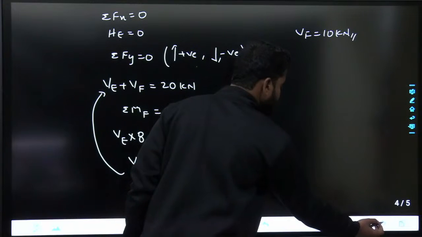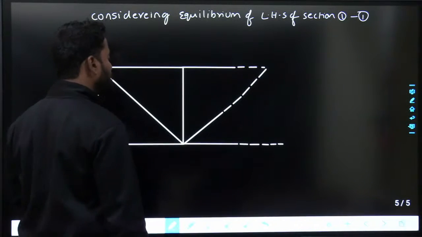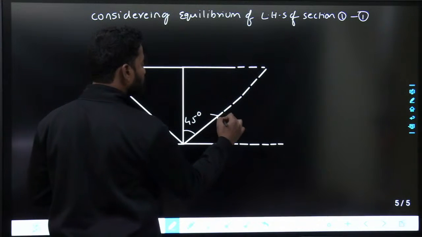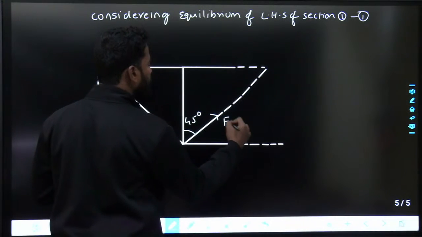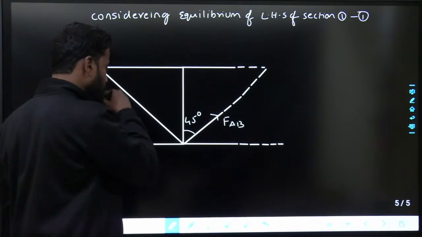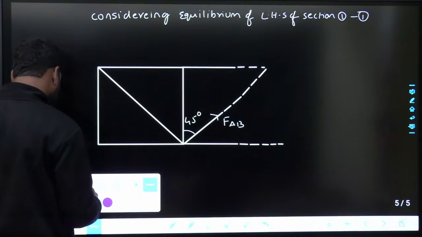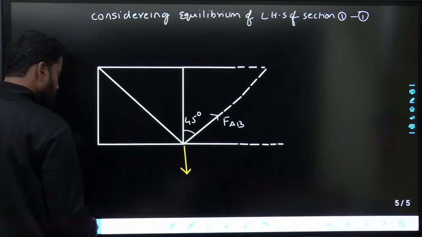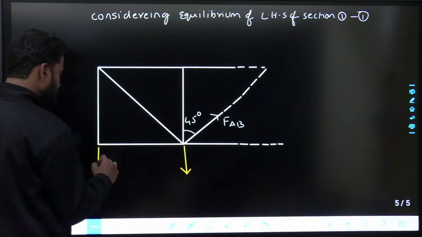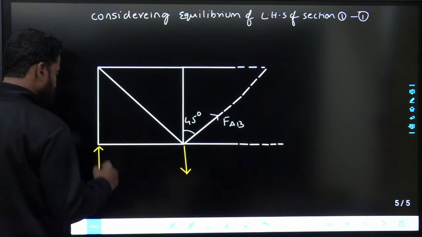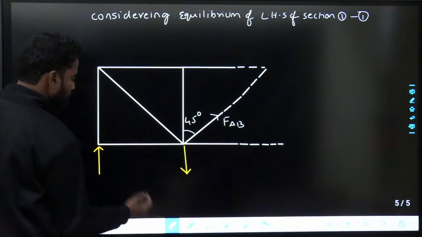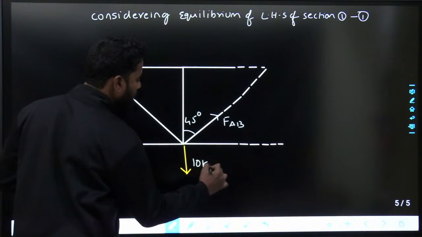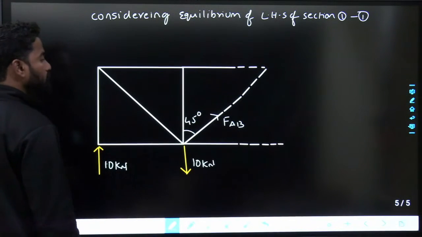Fine. So both are 45 degrees, this is also 45 degrees, and this one let us say FAB which we have to find out, and there is 10 kilonewtons like this. There is a reaction of 10 kilonewtons here, and there is 10 kilonewtons like this.